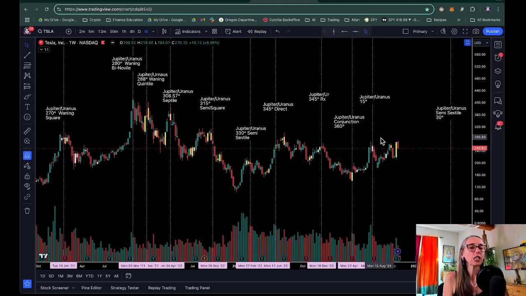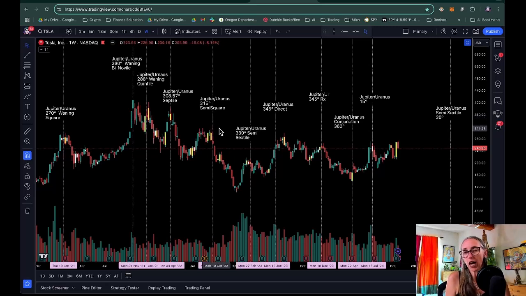They'll be unique to each asset. This Jupiter-Uranus cycle is very powerful on the Tesla chart. So when we apply these dates, we're looking for patterns perhaps related to change of trend or related to strong moves, or we're looking for a directional bias whenever we see an aspect pattern.